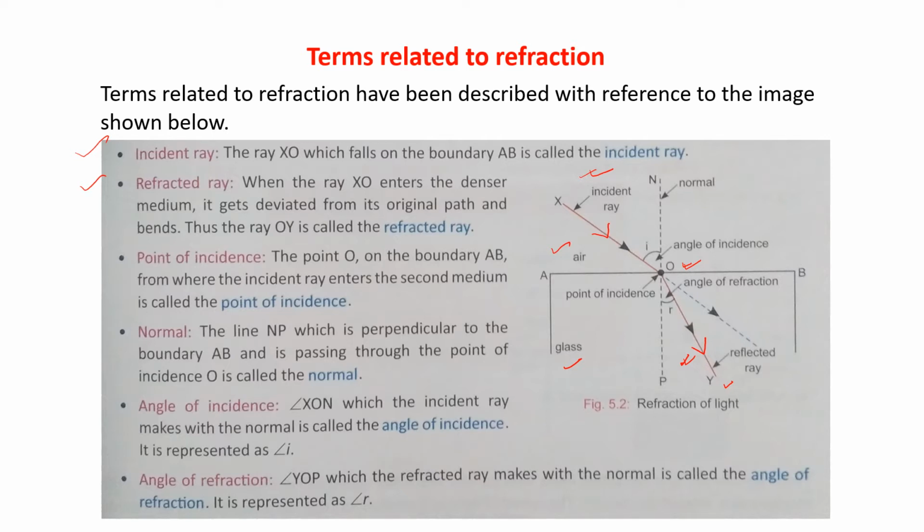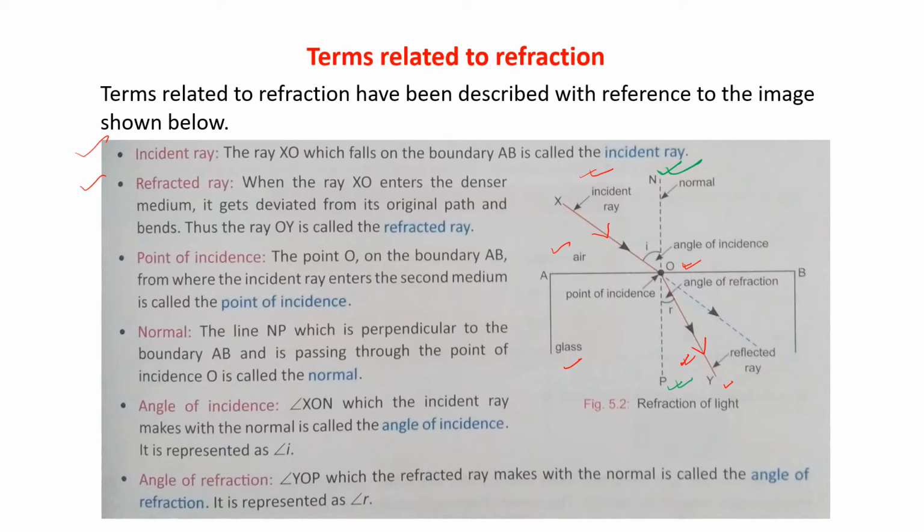Next is the normal. The line NP. You can see here this line is NP. The line NP is perpendicular to the boundary AB.